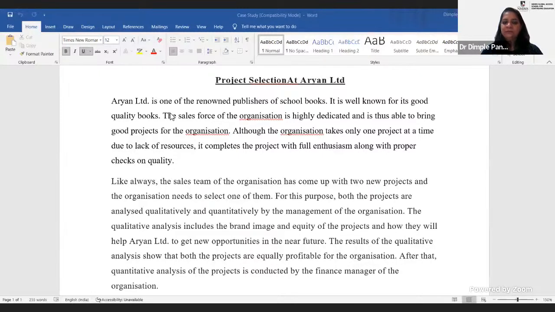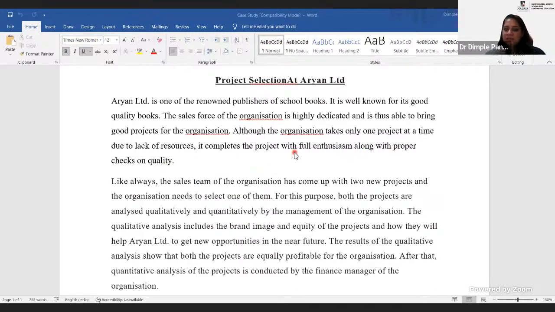Aryan Limited is one of the renowned publishers of school books, which is well known for its good quality books. The sales force of the organization is highly dedicated and is thus able to bring good projects for the organization. Although the organization takes only one project at a time due to lack of resources, it completes the project with full enthusiasm along with proper checks on quality.